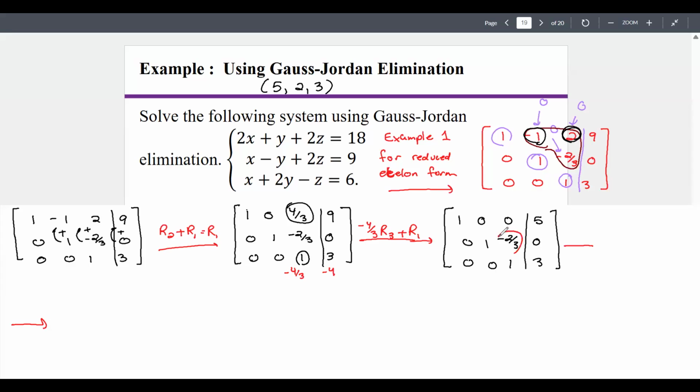So now we want to make this a 0. We got this 1 down here, right? So all I have to do is go, well, what about a positive 2/3 R3 and add that to R2? So add to row 2. So now this is just going to be 2/3. 2/3 times 3 is just going to be 2.